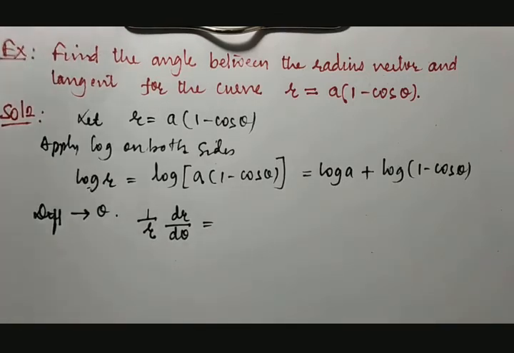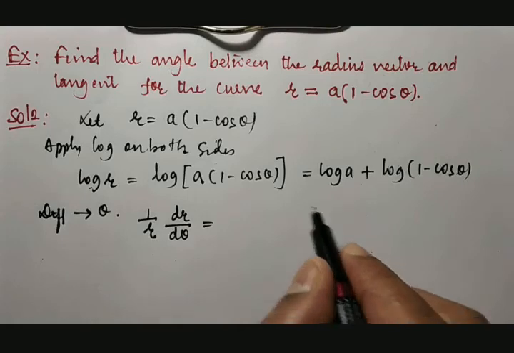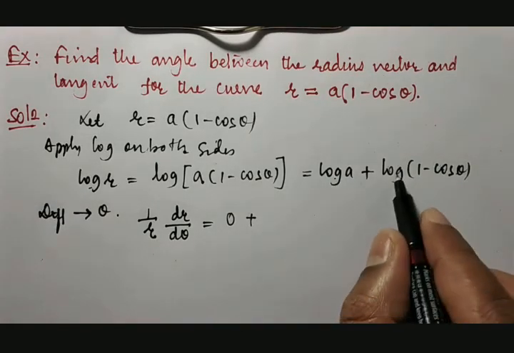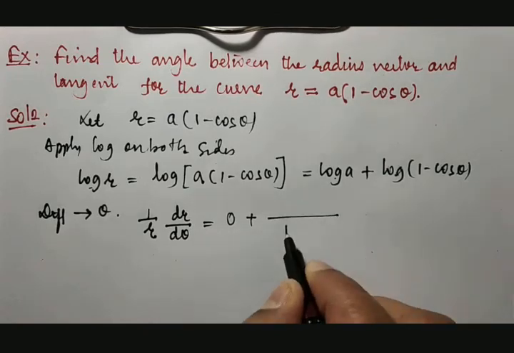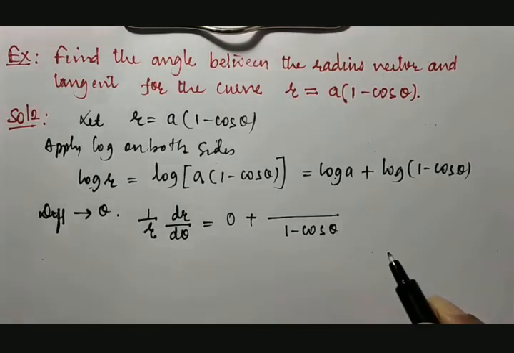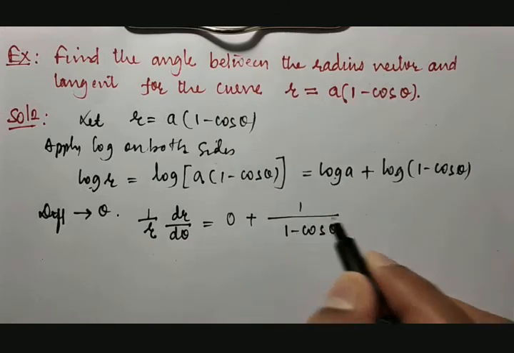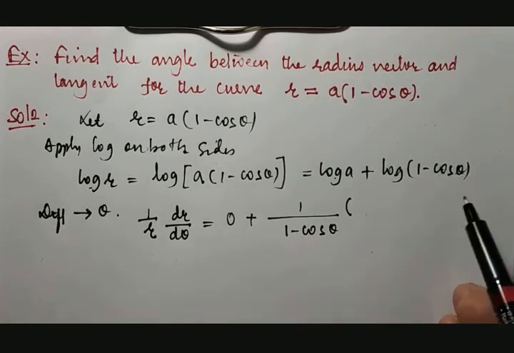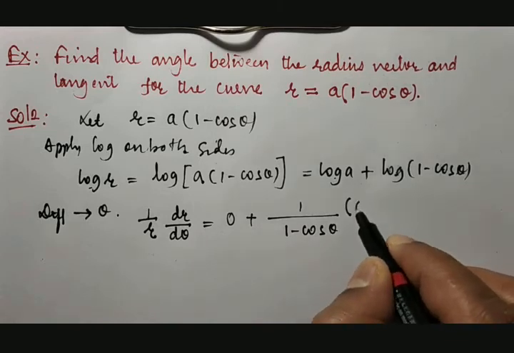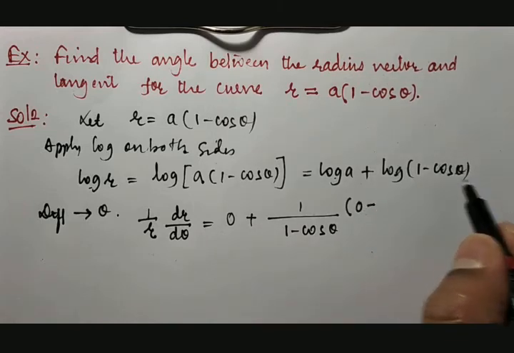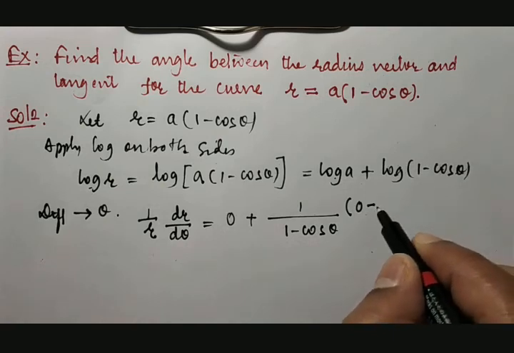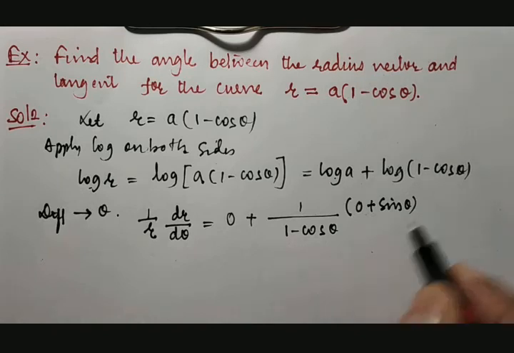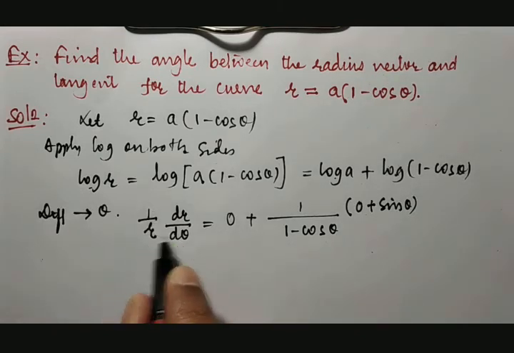That is equal to differentiation of log a, which is 0, plus 1 divided by 1 minus cos theta into differentiation of this bracket with respect to theta. So differentiation of 1 is 0 minus differentiation of cos, which is minus sin. So it becomes minus of minus, plus sign. Therefore, we can see what it is now.